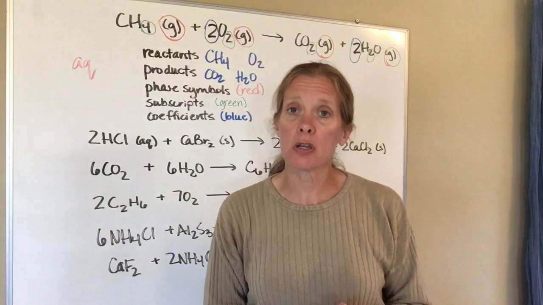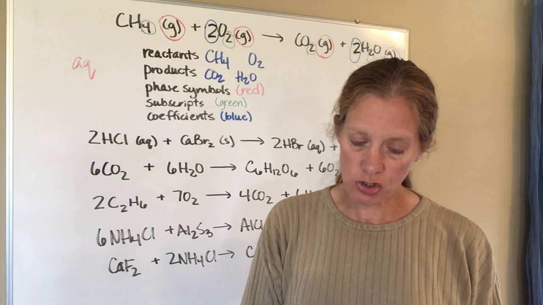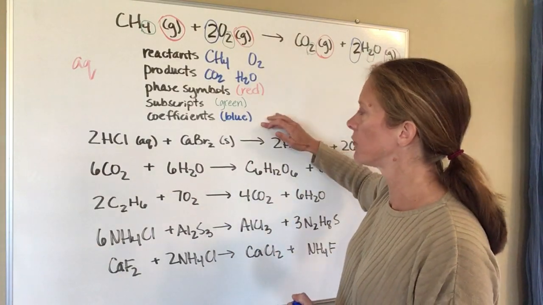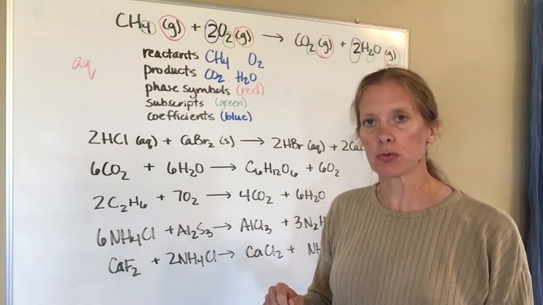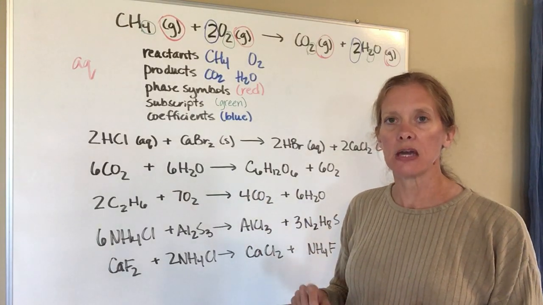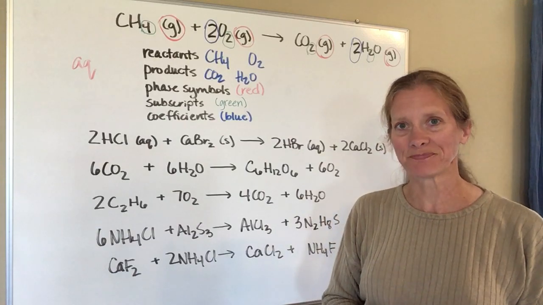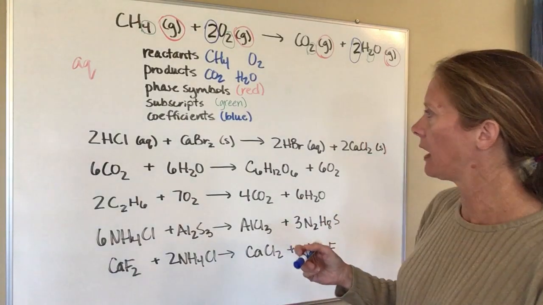What I would like for you to do is pause the video for just a second, and answer all those same questions that we just answered for this. So pause the video. If you have colored pencils or markers, you can mark those in the appropriate colors. And then when you're finished with that, turn the video back on and we'll go through and mark them all. Okay? So hopefully you've marked all of them now.